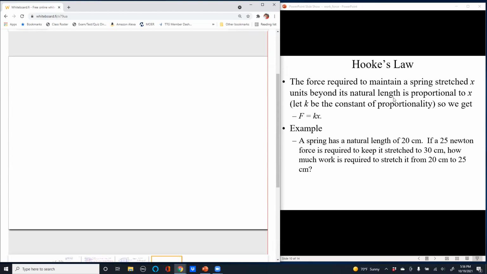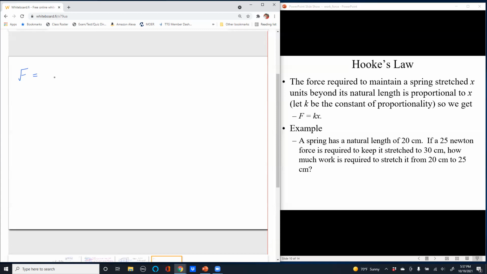All right. So the force required to maintain a spring stretched x units beyond its natural length is proportional to x. Let k be the constant of proportionality. So if F equals kx, this is basically Hooke's law. Nothing crazy going on. What it tells us is that the force needed to maintain a spring stretched x units beyond its natural length is proportional to x.